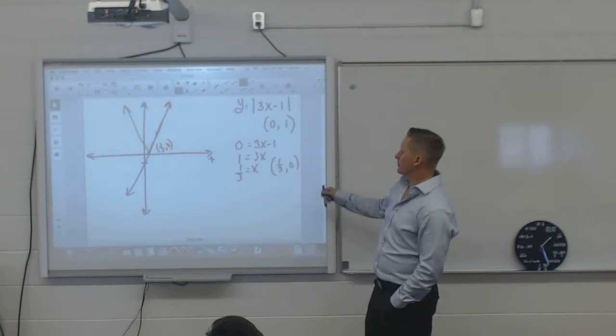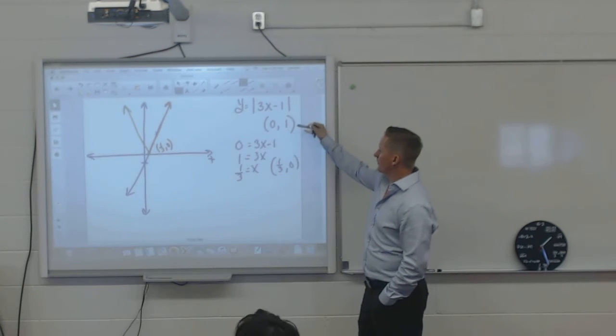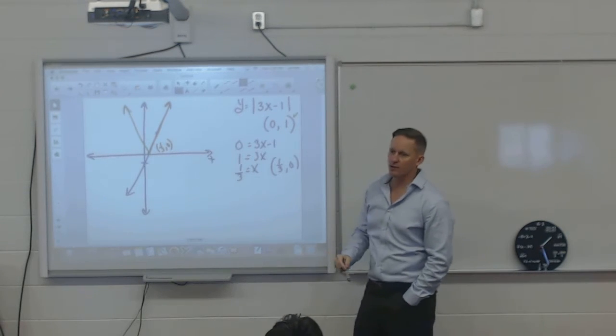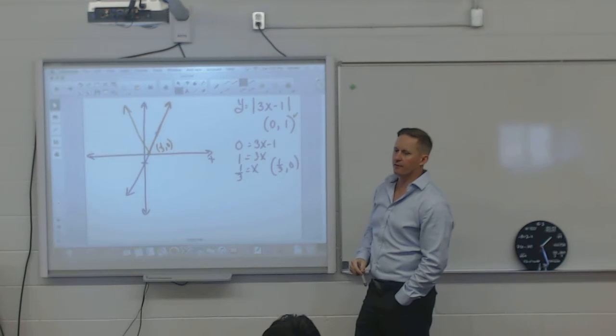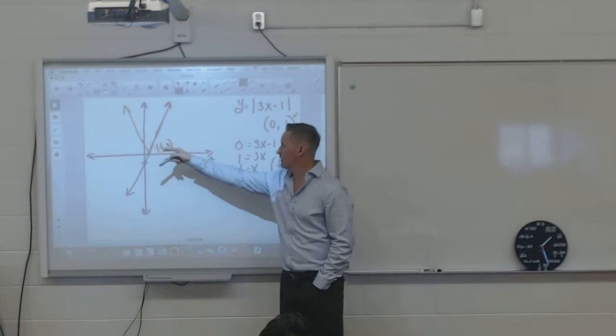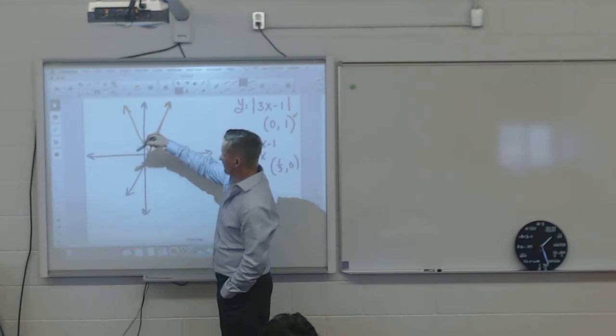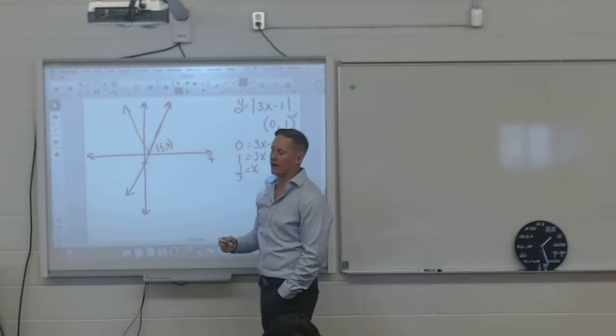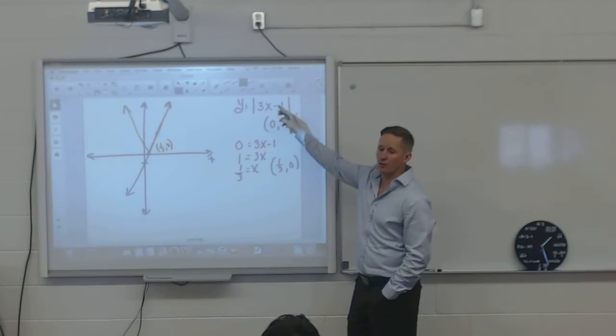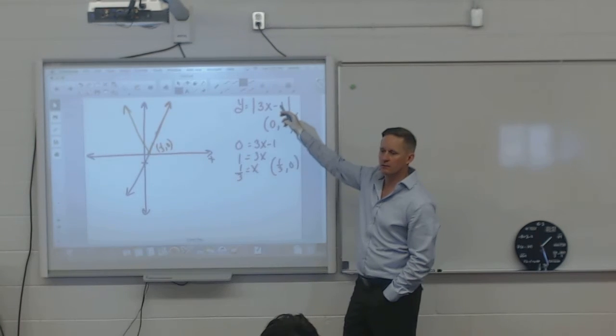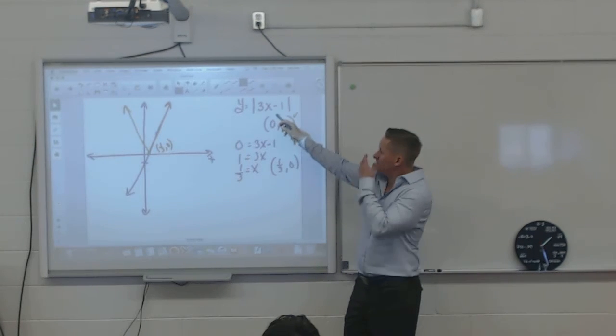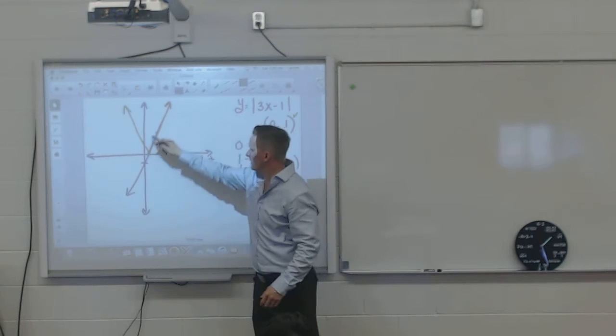Yeah, okay, I see where the confusion is. This is kind of a check for us. Does the graph of the absolute value go through 0 and 1? It did, right? I'm just checking with that. But when I graph the original without the absolute value, the 3x minus 1, that was this line.